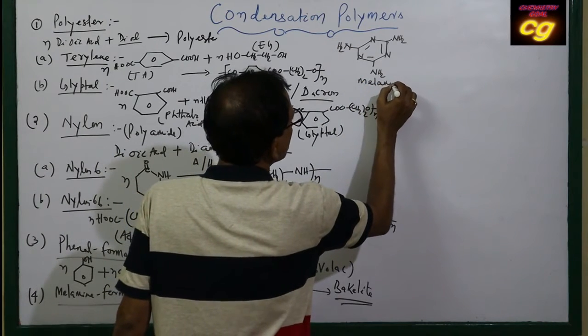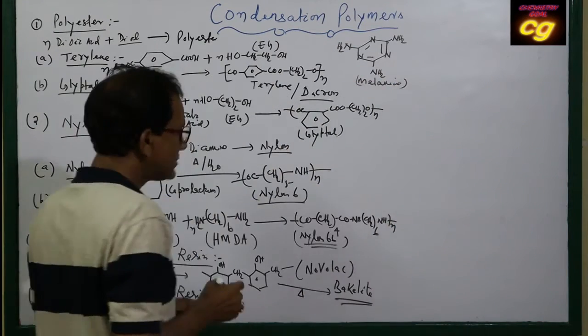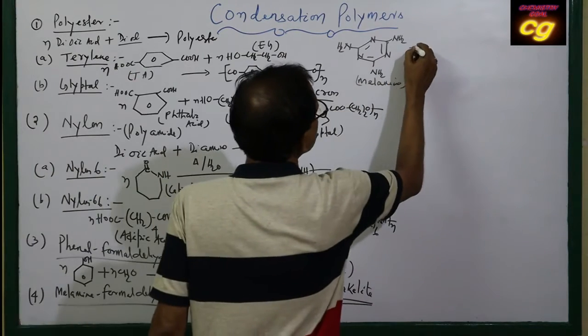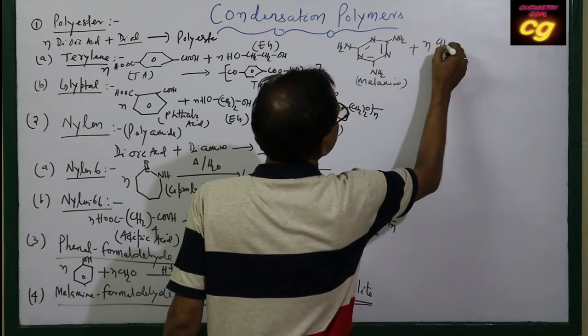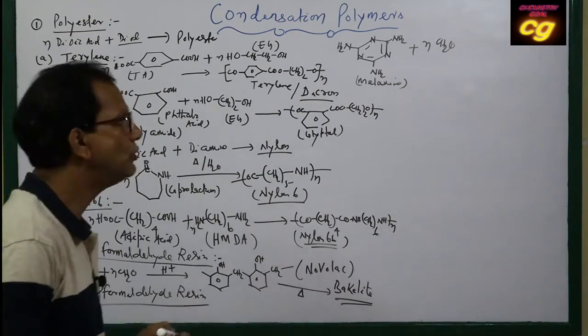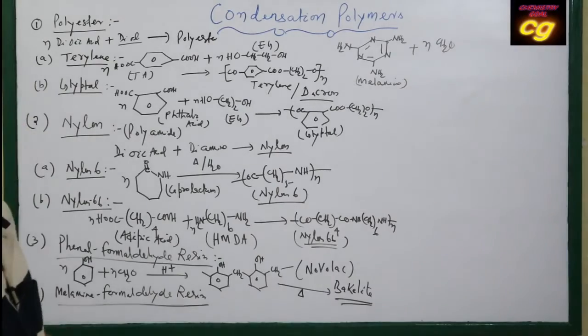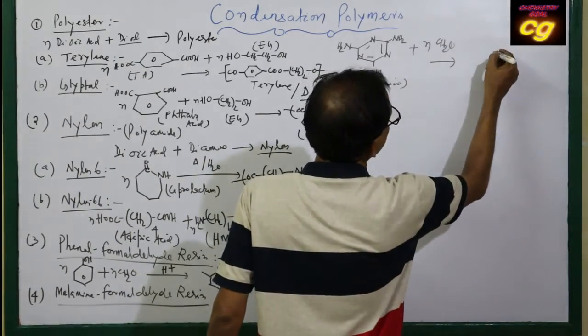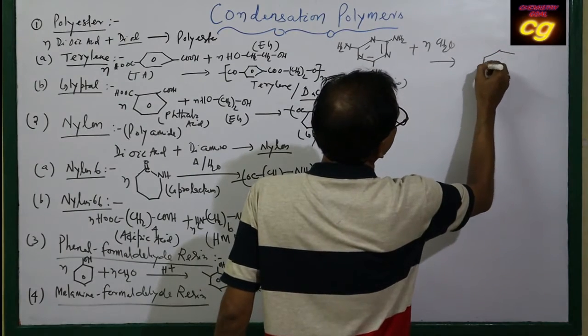This is called melamine. When this melamine is condensed in the presence of formaldehyde, CH2O, then it produces the polymer, which is like this.